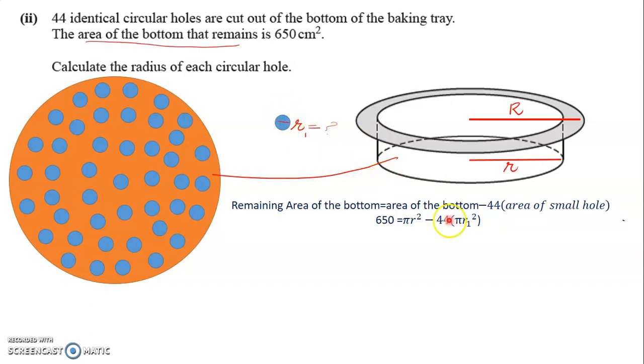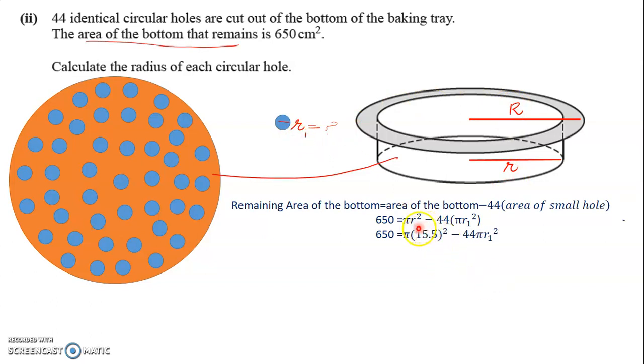The important thing is that you should be very careful about using radii because you have been dealing with three kinds of radii at this time: small r, capital R, and r1.